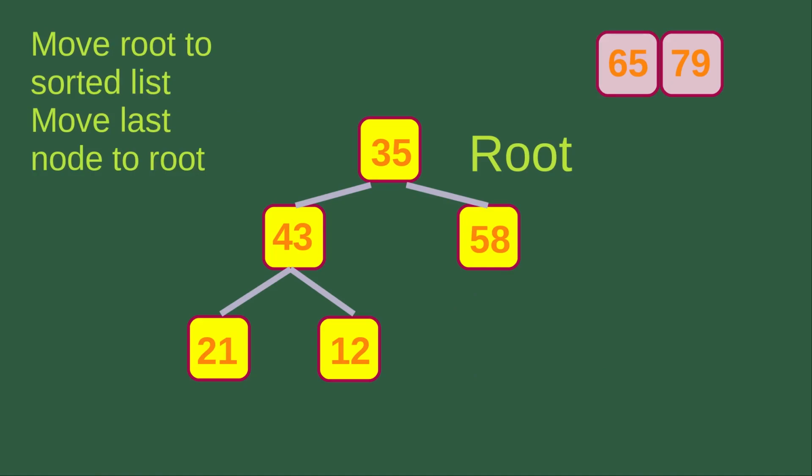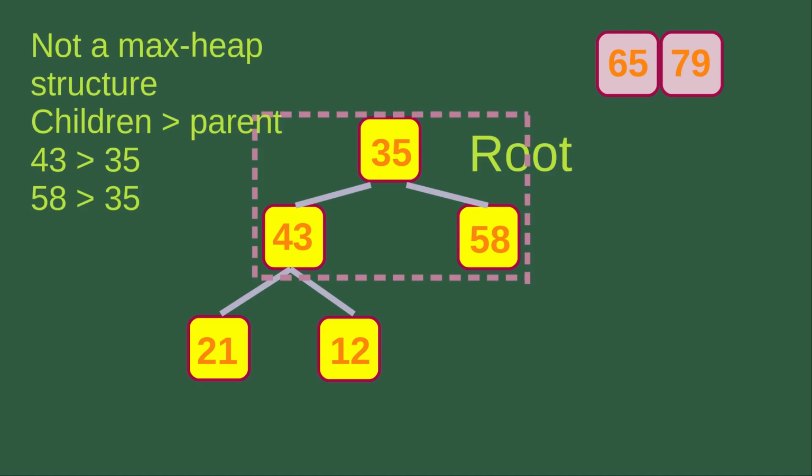So after maintaining the max heap structure, we remove the root and put the root to the sorted list, which becomes the second last element in the sorted list, and then we put the last element in the original max heap tree structure to the first element in the max heap structure, which becomes the root. And we check the max heap structure again, starting from the topmost subtree.